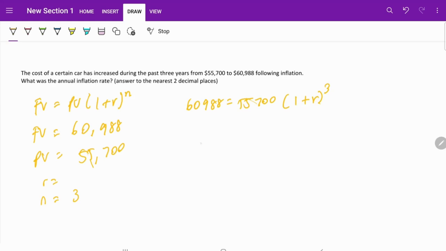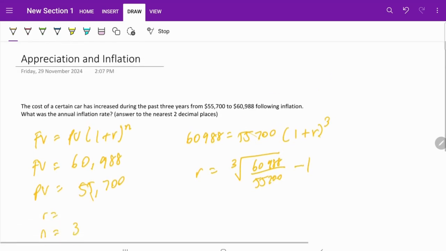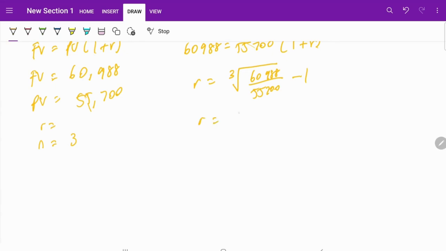Now if you rearrange that, you should get this, minus 1, and then that will give you roughly 0.03069 dot dot dot, and if you convert that into a percentage by multiplying that by 100, that will just give you 3.07% inflation rate to 2 decimal places. And there you have it.